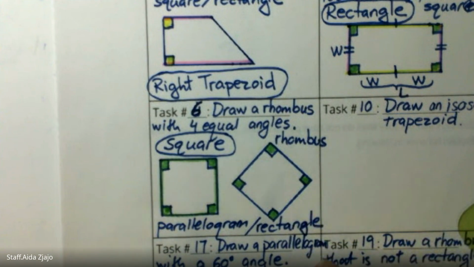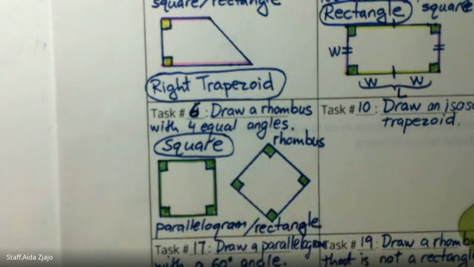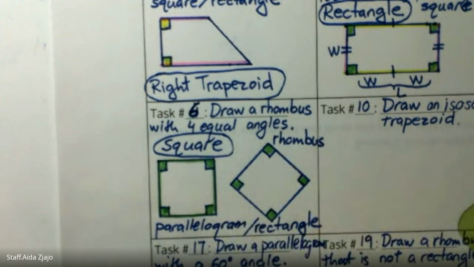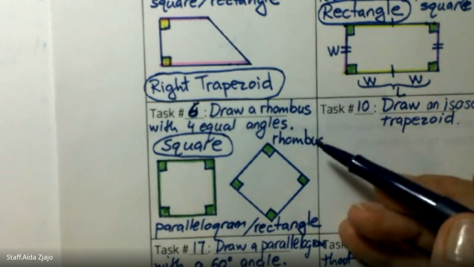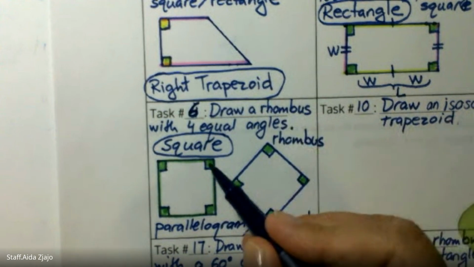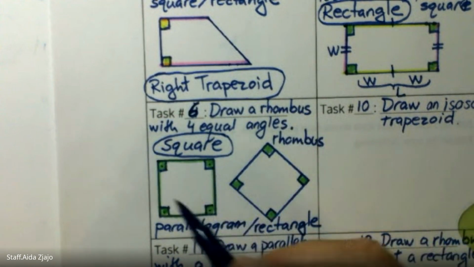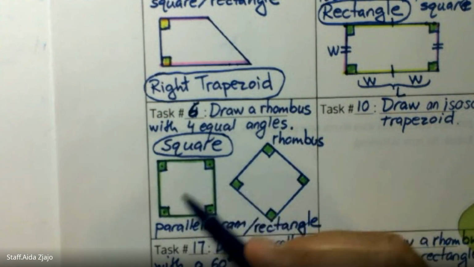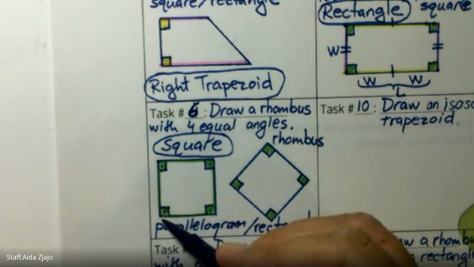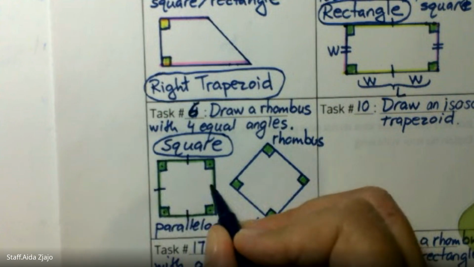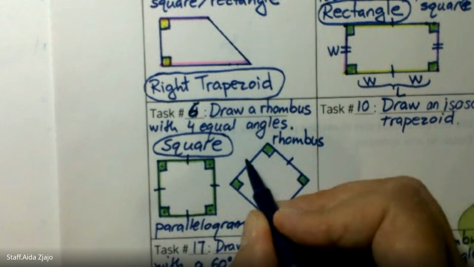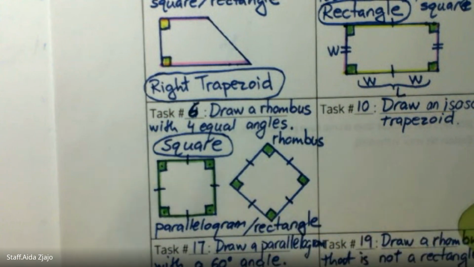All these are nicknames for a square, because to be a rhombus, you need opposite sides congruent, opposite angles congruent, and all the sides the same. So this is the same as this, same as this, same as this. These marks tell you that these line segments are congruent.